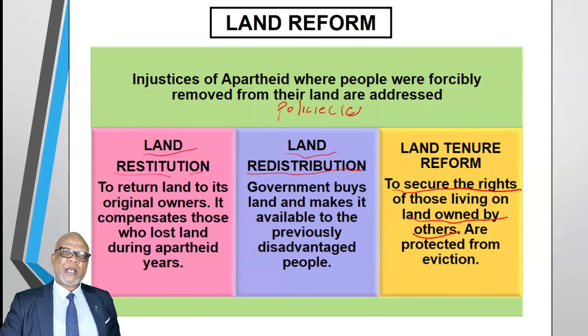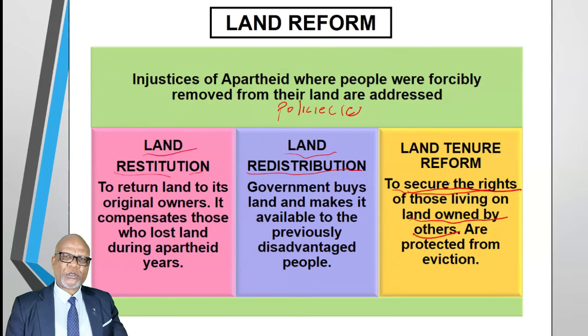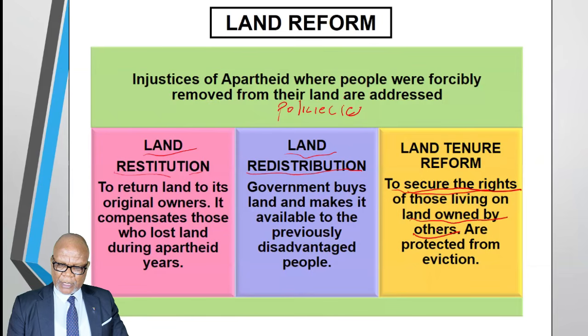You must give them time to get land. So that is what you call land tenure, which is to secure the rights to occupy. Even if the land is not yours, you are protected in using that particular land. So it is to secure the rights of those living on land owned by others, so that people cannot be unfairly removed from the land.